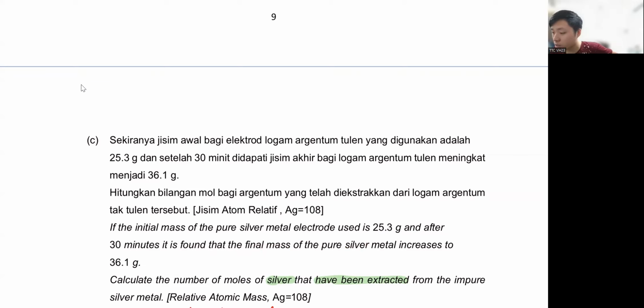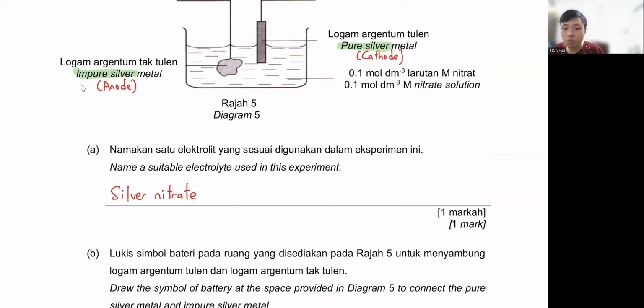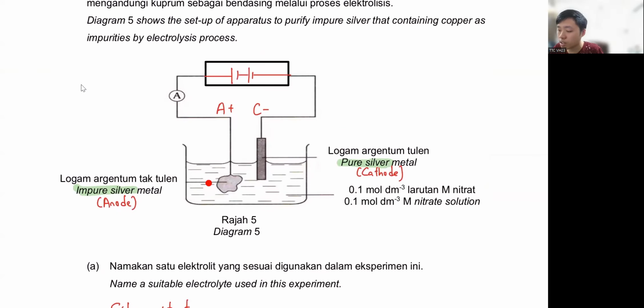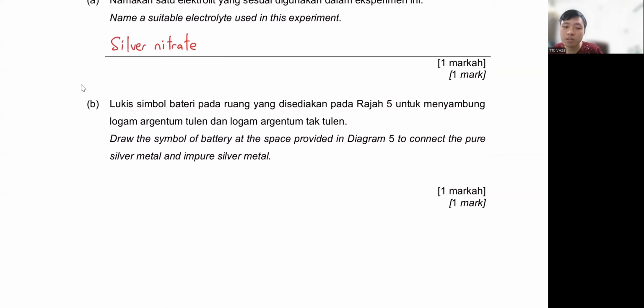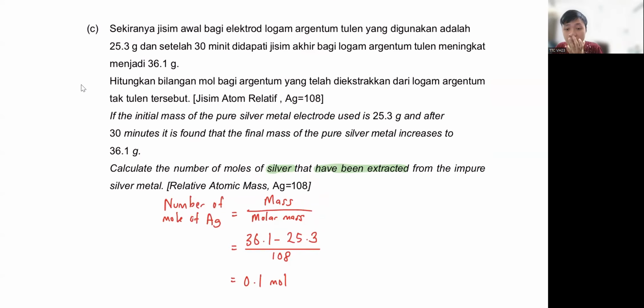So how much of this is extracted? Of course, you have to use minus. How much of this one was sacrificed to give this one? You just do final minus initial. Very simple. Final minus initial. Then number of moles is just mass over molar mass. Molar mass is given, 108 for silver.